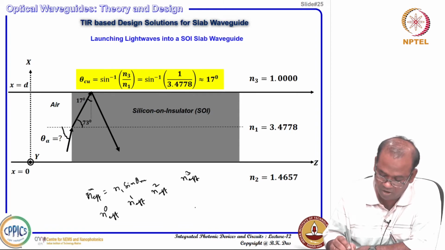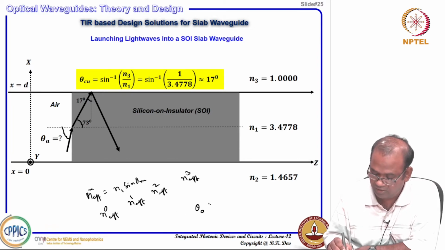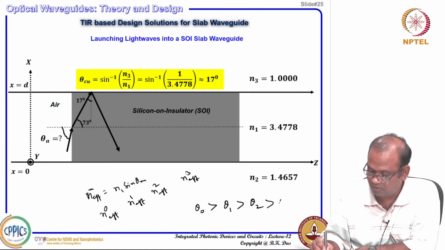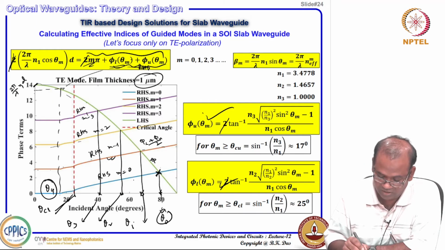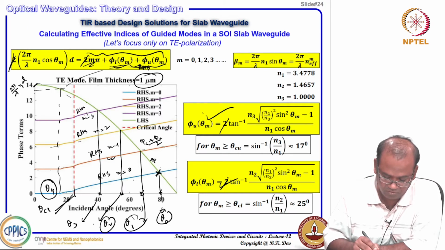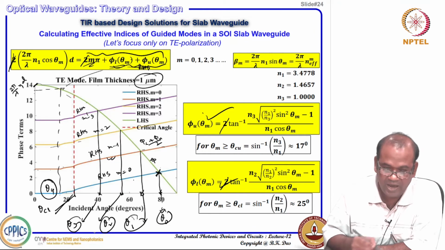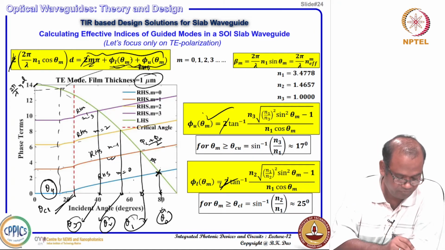Since we have solved theta naught there, theta naught is greater than theta 1, greater than theta 2, greater than theta 3. If you just go back to the previous slide, theta naught is greater than theta 1, theta 1 greater than theta 2, theta 2 greater than theta 3. So, for higher order modes, your theta value will be reducing. Okay.